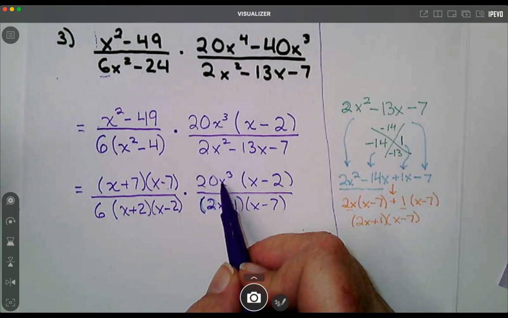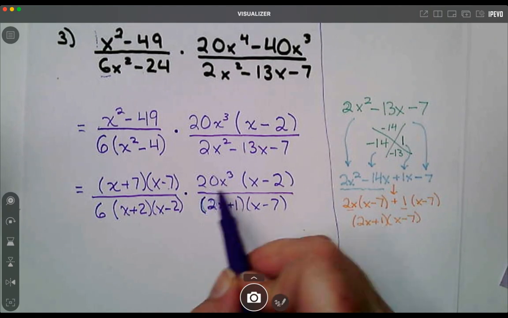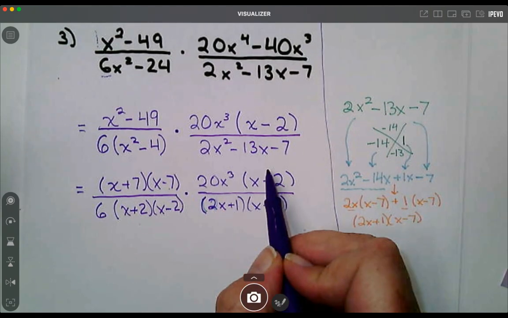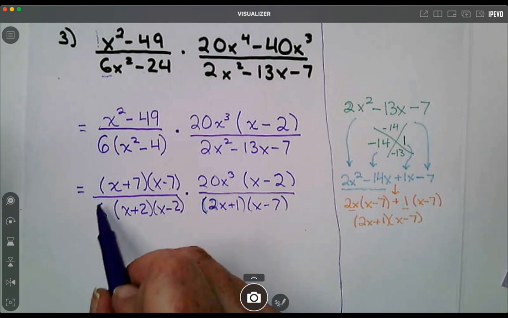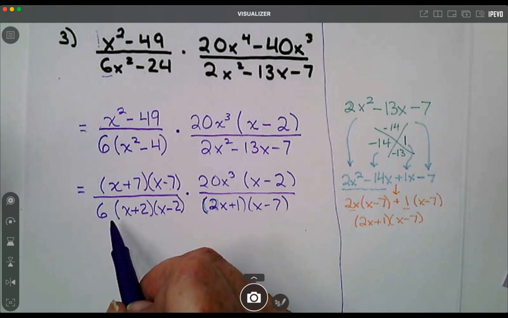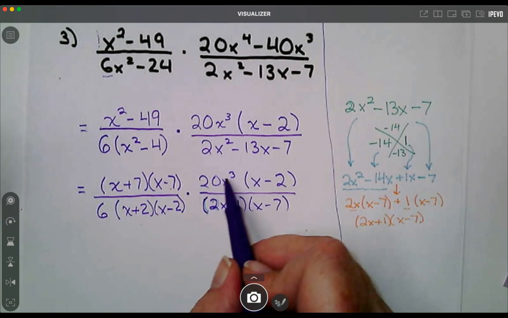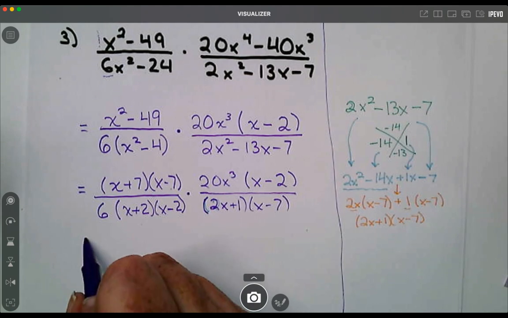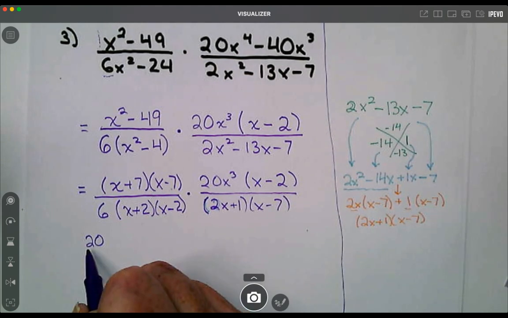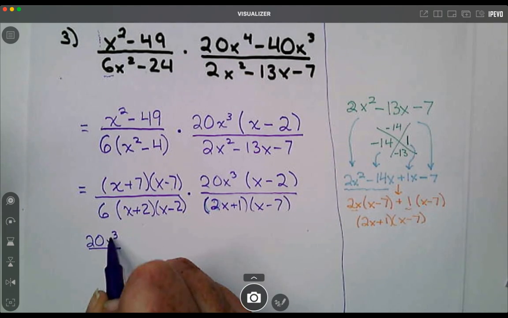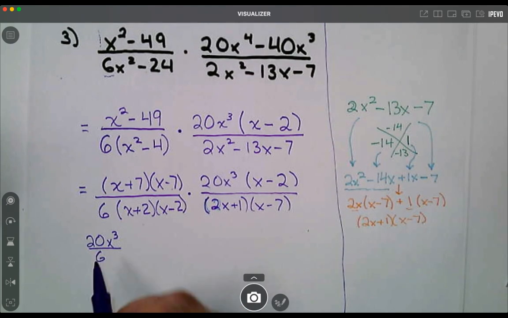20x to the power of 3 is a monomial, meaning nothing is added or subtracted to it, only multiplied. The same thing with the 6. So in a way, you could think of 20x to the power of 3 over 6 as going here, and then you would simplify it.